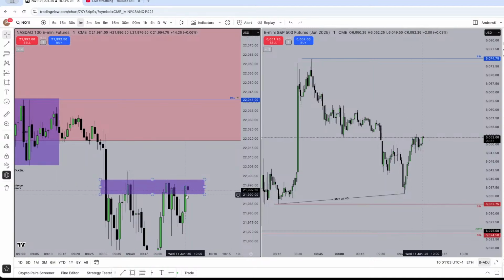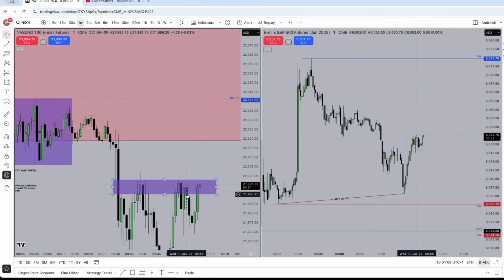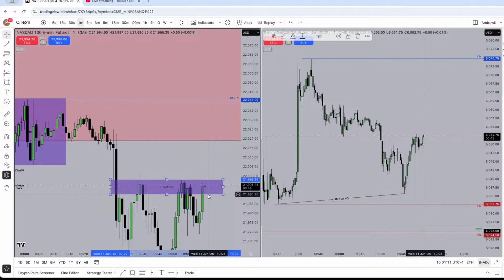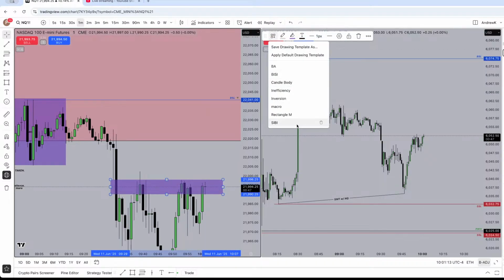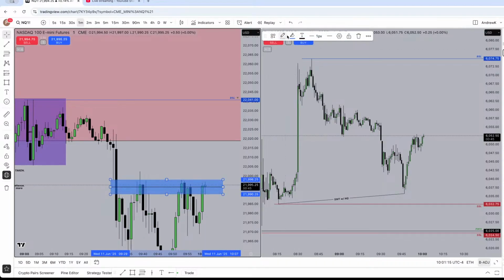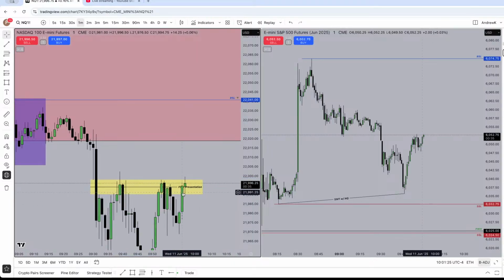And it could go ahead and start respecting the bottom portion of it and then going higher. So let me put that, see that right there? First presentation, it already closed above the midpoint as well, so I'll be watching that. I like that where it does that right there.